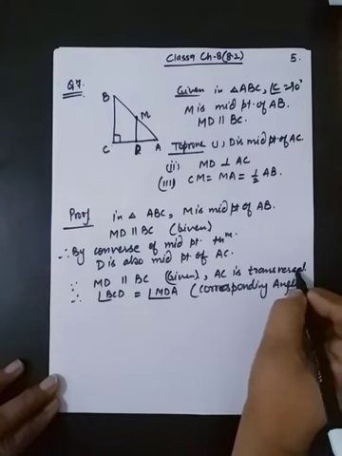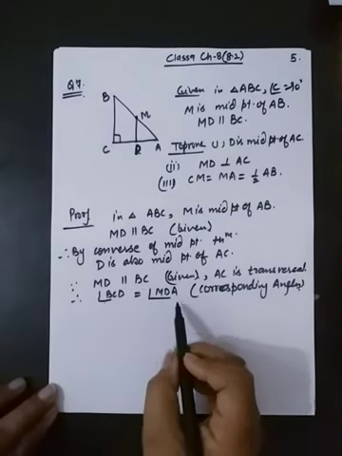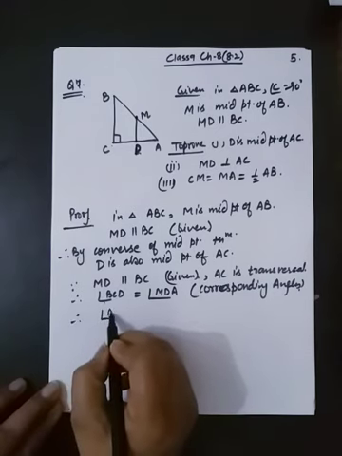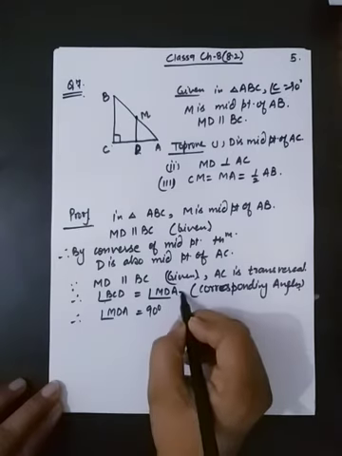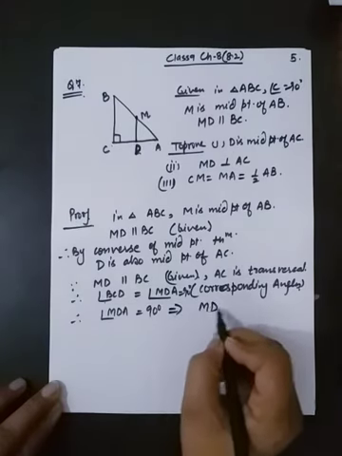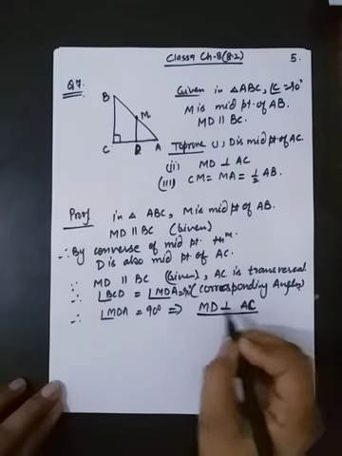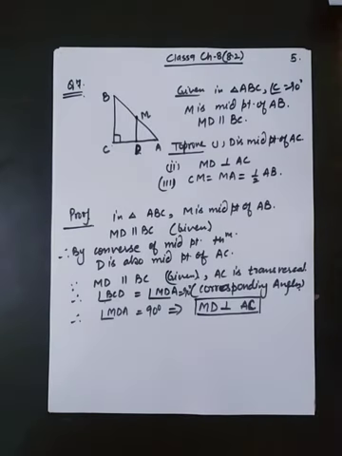So when a transversal intersects two parallel lines, then the corresponding angles are equal and therefore angle MDA will be of 90 degree because this angle is of 90. So we get that MD is perpendicular to AC. To prove perpendicular, we have to prove that angle D is of 90 degree.